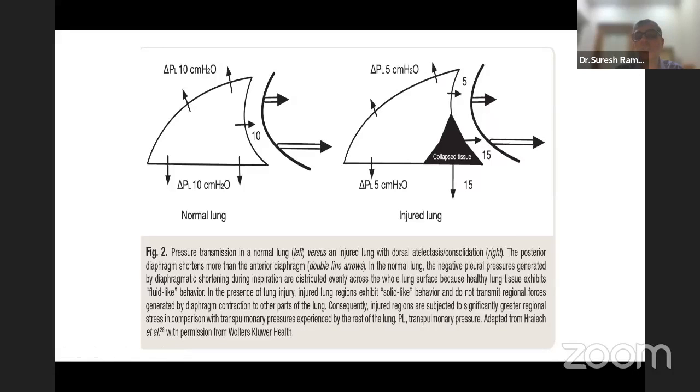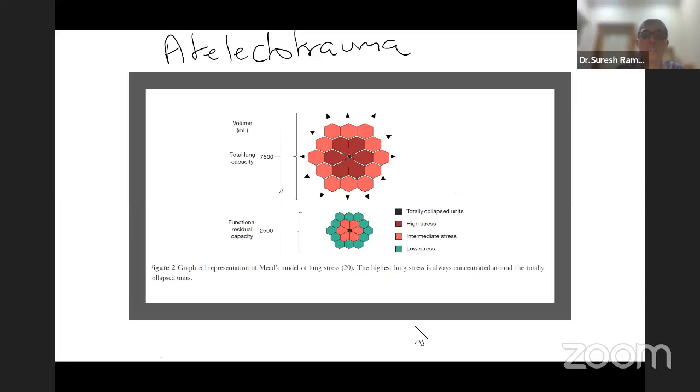So the concept of opening up is to prevent these two states, that is going from fully open to fully closed, and this is repetitive atelectrotrauma, and this is Slutsky's, and this results in significant increase in inflammatory markers.